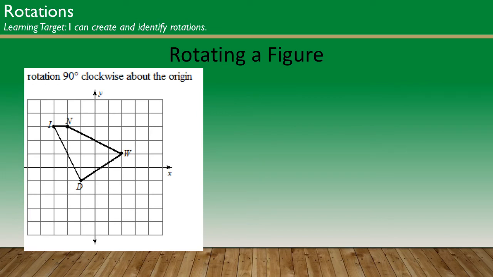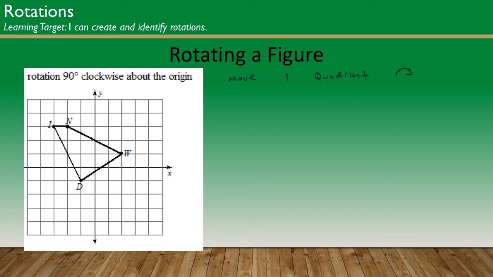Okay, this one says rotate 90 degrees clockwise around the origin. So that means that we are going to move one quadrant in this direction because that's clockwise. So again, I am going to write down each of my coordinates here.